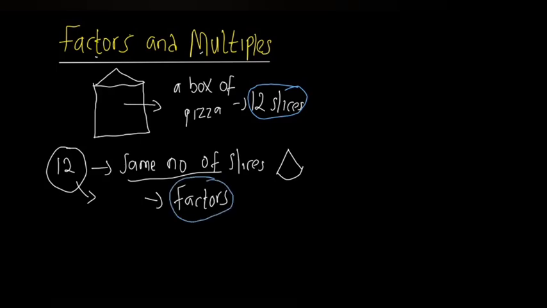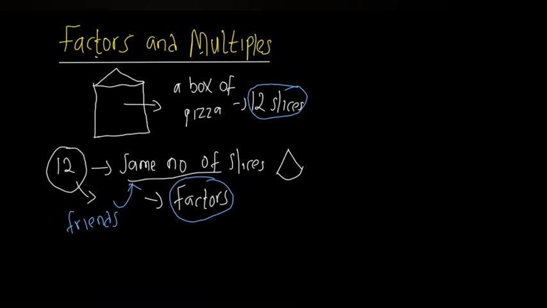Like how many friends you are going to share these 12 slices with, so that each of them is going to have the same number of slices, explains the concept of factors.